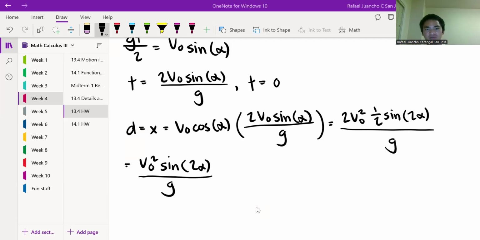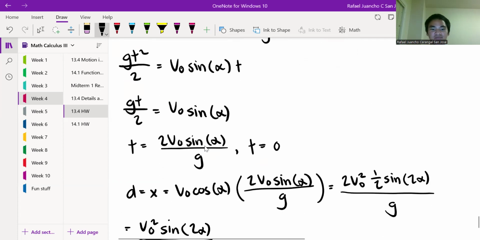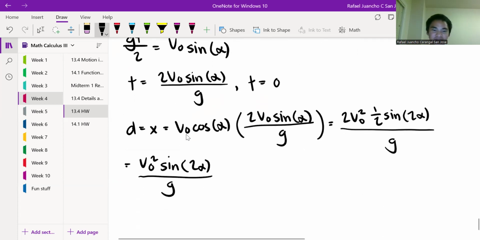So again, how do we find when something has a maximum? Well, we take its derivative, right? And then we set it to 0. That's usually the task here. But I have like three unknowns here. G is a constant. V naught. What am I plugging this in for?